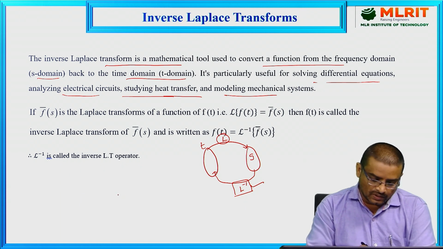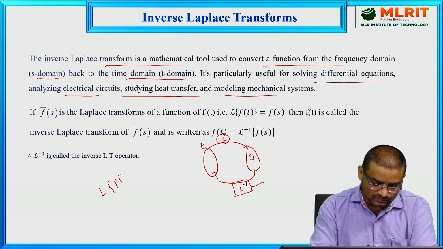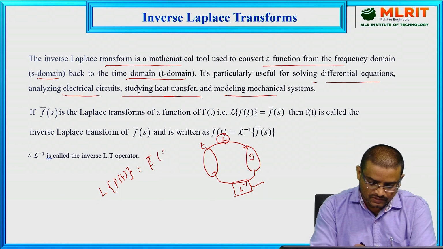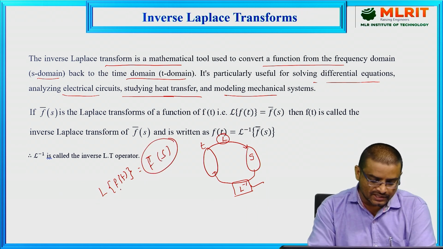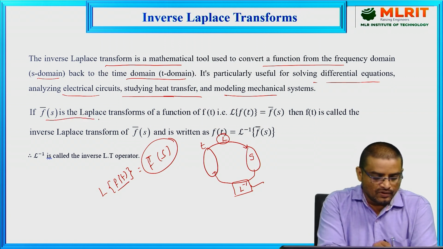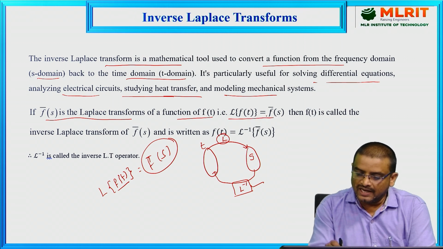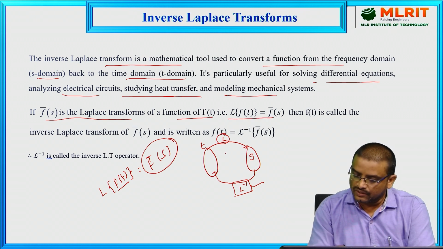In the previous videos we have taken the Laplace transform of f of t as f bar of s. So f bar of s is the Laplace transform of the function f of t, that is L of f of t is equal to f bar of s.